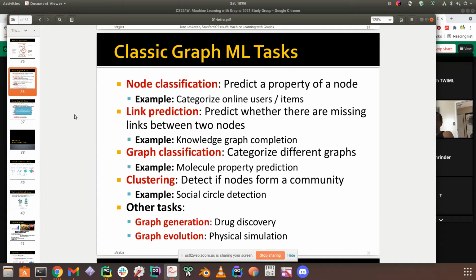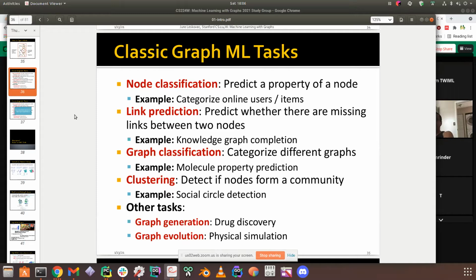So for example, there's node classification, which is about the properties of a node. For example, if you consider everybody in a social network as a node, what kind of user you are.